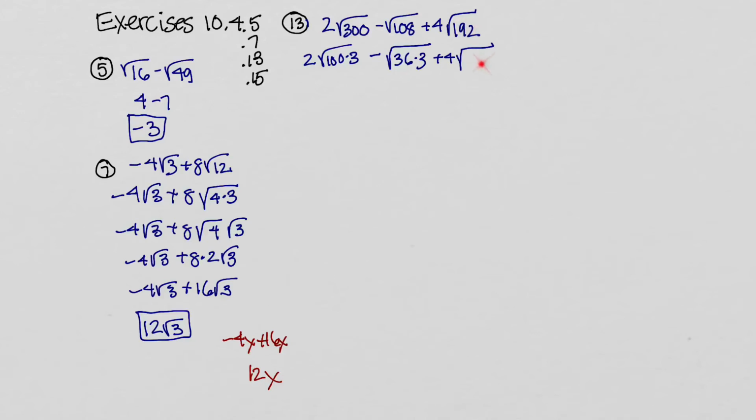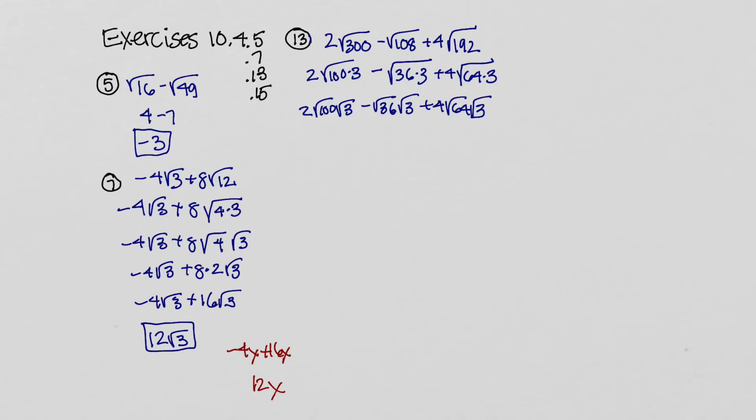You know we want a 3 over here. So take 192, divide it by 3, and you get 64, and sure enough, we know the square root of 64. Now, we're going to get 2 times the square root of 100 times square root of 3, minus square root of 36 square root of 3, plus 4 square roots of 64 square root of 3.